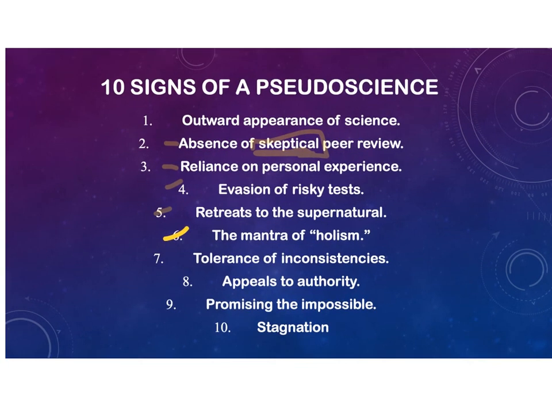Another issue is tolerance of inconsistencies. And this is seen, for example, in astrology. So some astrologers base their astrology on the seasons. But this poses a problem because if you're in the southern hemisphere, for example, the seasons come in a different order. So some will reverse their seasons if they live in the southern hemisphere. But if you're in the northern hemisphere, the seasons go in a different order.